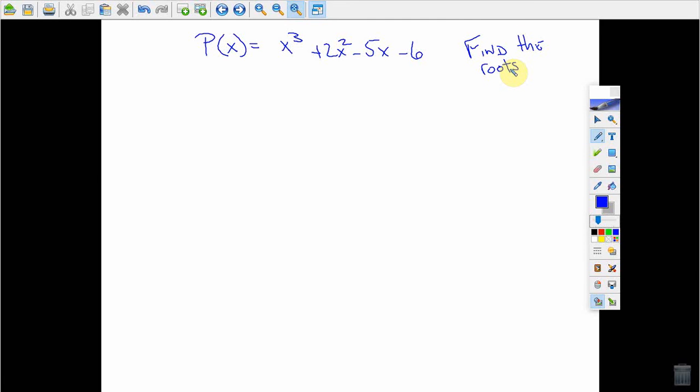So start with your last over your first and plug in those numbers until you find things that have remainders of 0, which would give you your roots, and then you can write it in factored form after you do that. So find the roots and write the polynomial in factored form.